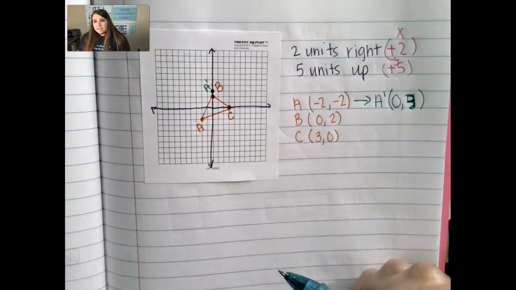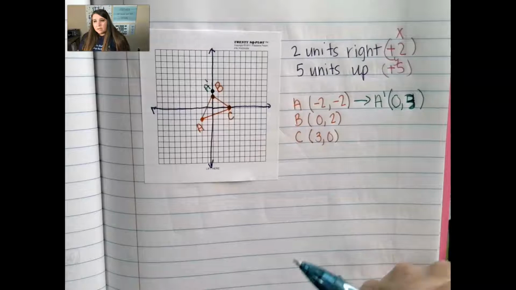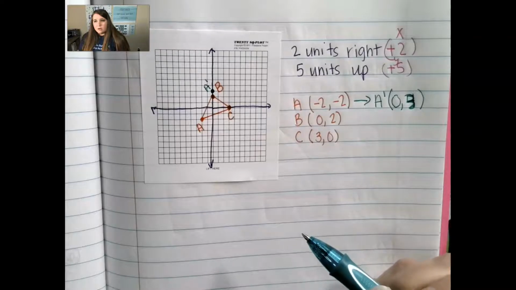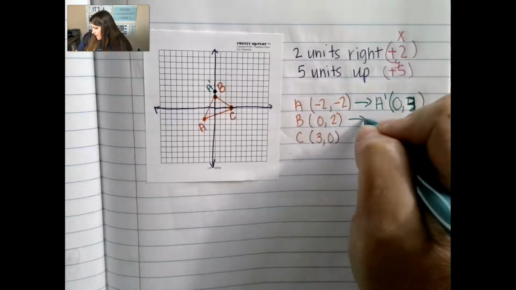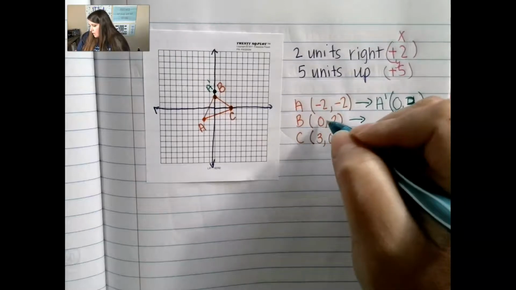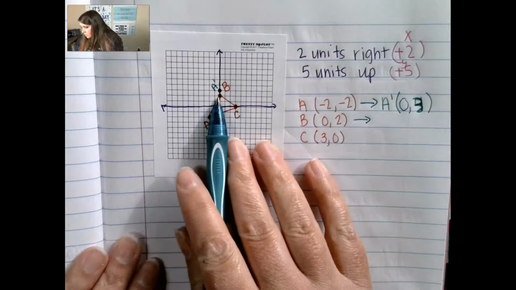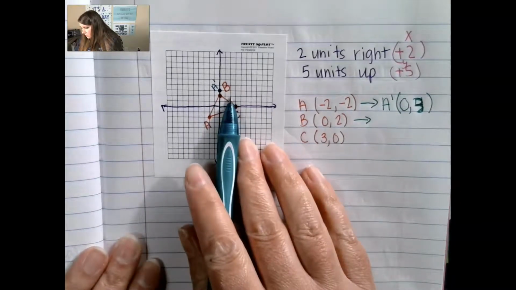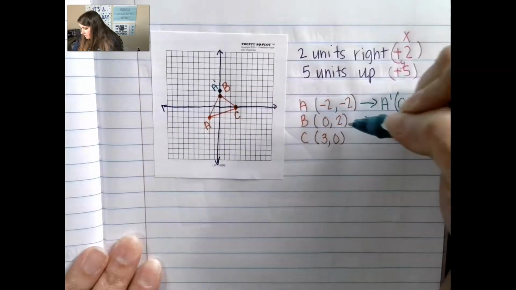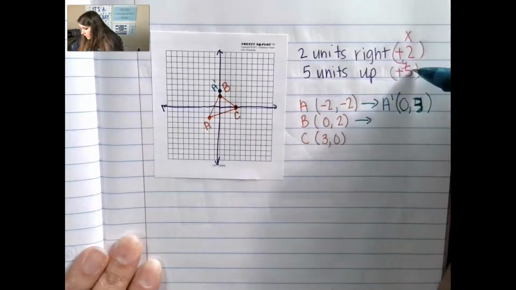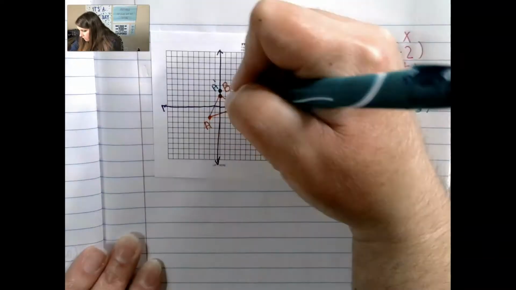Okay, next, our next figure here is at 0, 2. So our new B, we're going to slide dot B. It starts at 0. We're going to slide it to the right 2. So adding 2. So we're at 2. And then we're going to add 5 and go up 5 more.